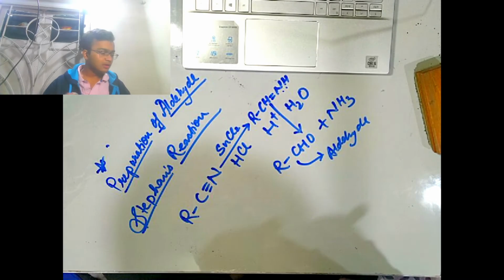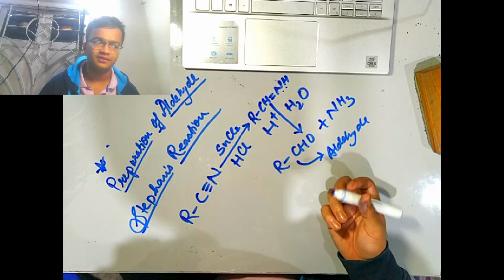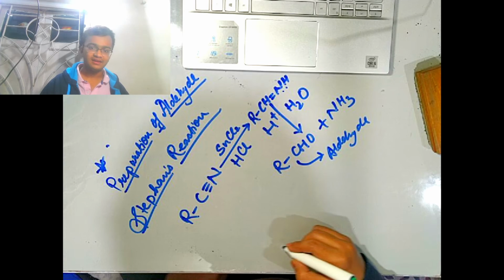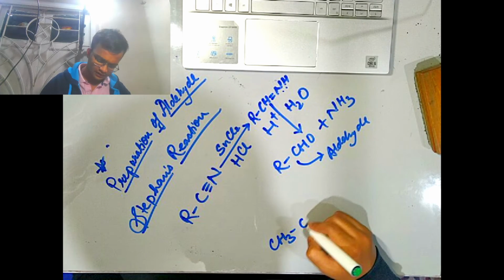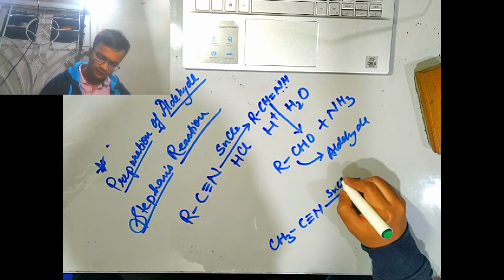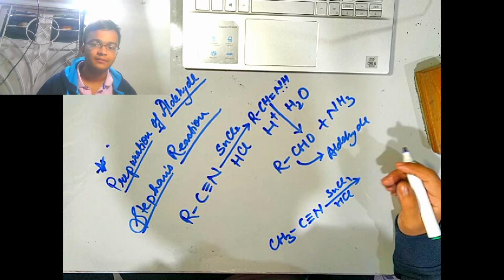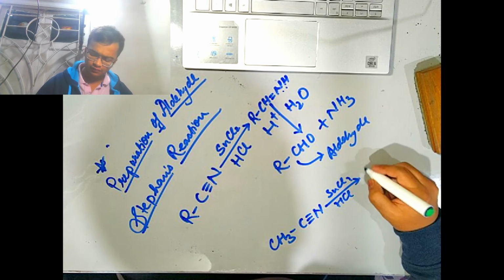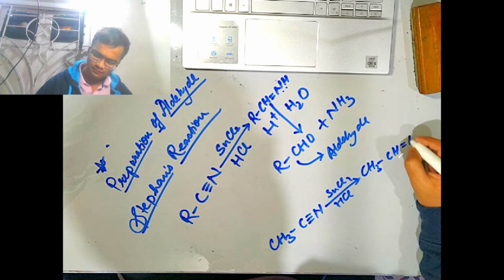Let's study one example, and then we will come to the mechanism of this reaction. Let me take ethane nitrile here. If this is my ethane nitrile, triple bonded, when I treat it with SnCl2 and HCl, an imine is formed, CH3CH double bonded NH.